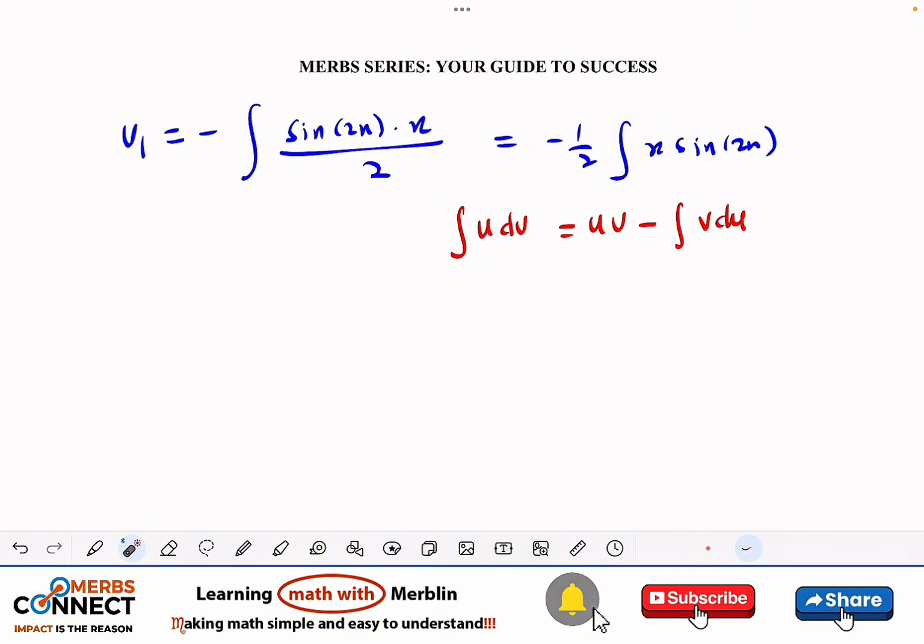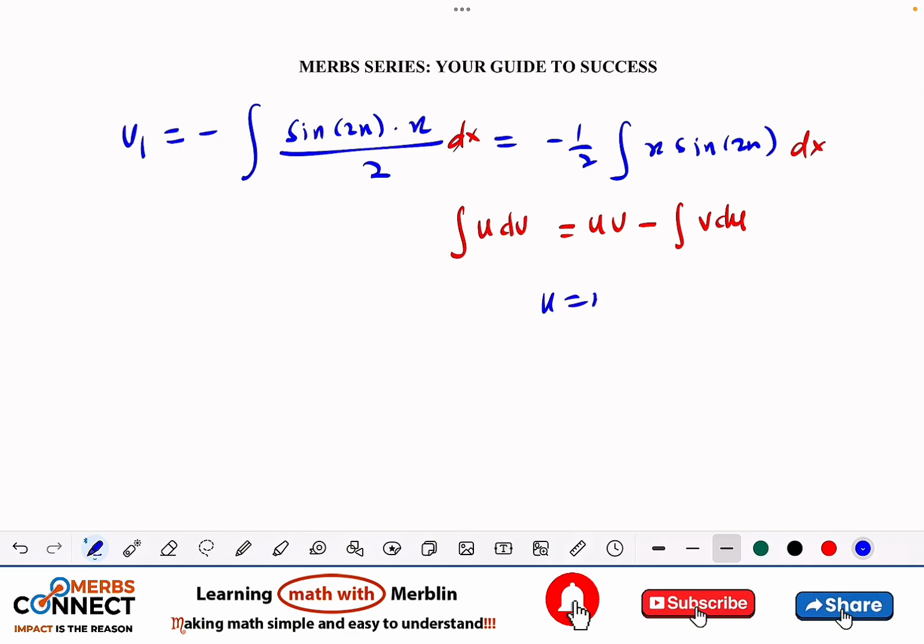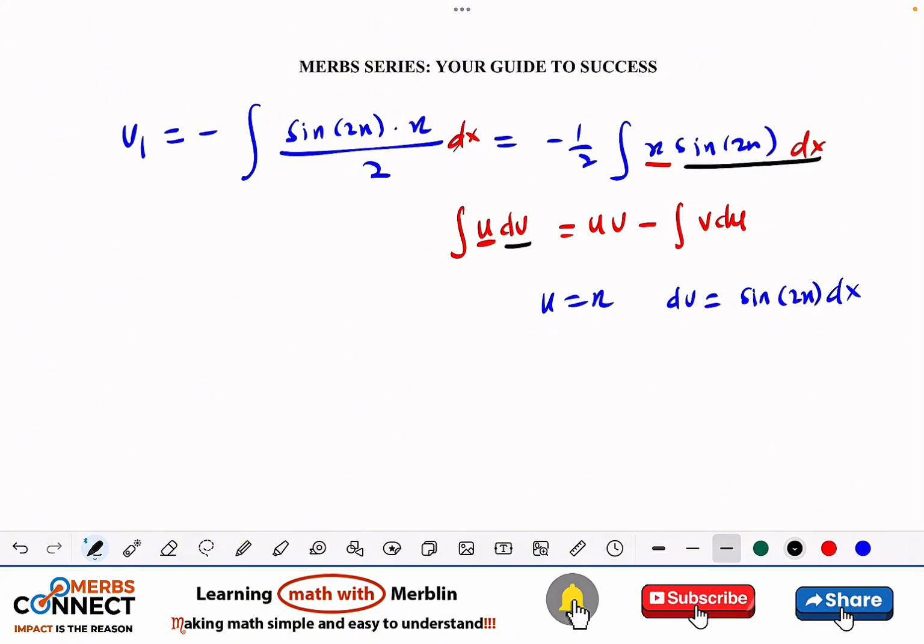Here what we need to choose is, anytime we have a trig function and a polynomial function, we choose the polynomial function to be u, and then everything left is for dv. So I'm going to choose u to be x and my dv to be equal to sin 2x dx. I chose this guy for u. Then everything left, which is sin 2x dx, is for dv.